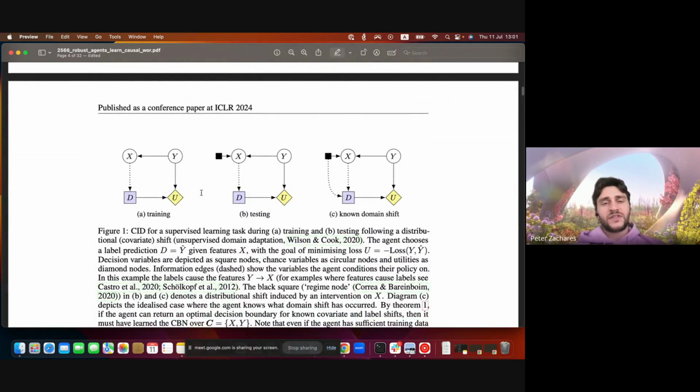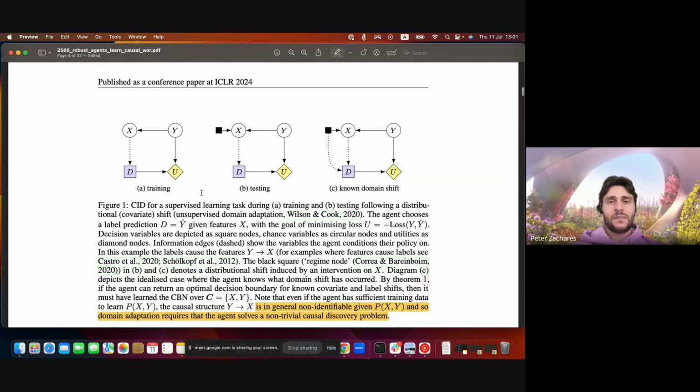So a causal model, like I said, if we look at A on the left, is just X and Y. But we usually only care about causal models in the context of trying to accomplish some goal or understand something. In which case, you make a decision, and that decision gives you some utility.